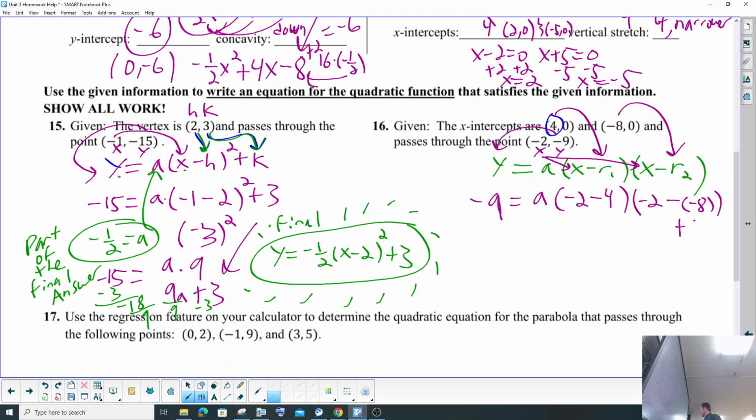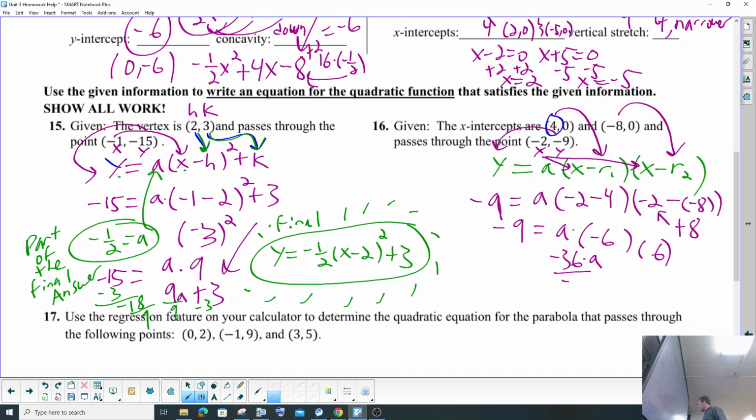So negative and negative is a positive 8, right? Positive 8 minus 2 is 6. And this is a negative 6 times a equals negative 9.